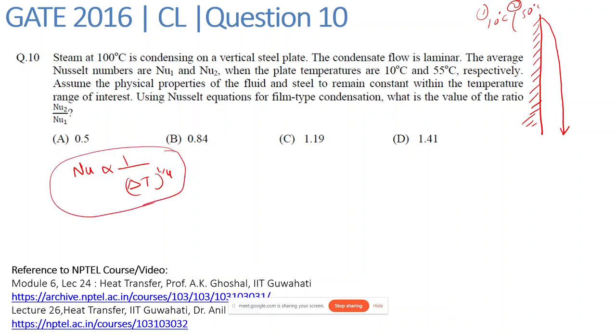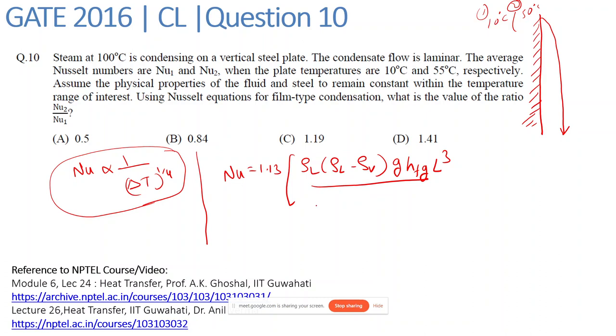This correlation basically comes from the Nusselt's number correlation for the film type condensation, which we can write as Nusselt's number is equal to 1.13 into rho L upon rho L minus rho V into g h_fg k_L cube upon mu L k_L into delta T, raised to 1 by 4. So this is the overall Nusselt's number correlation for film type condensation.